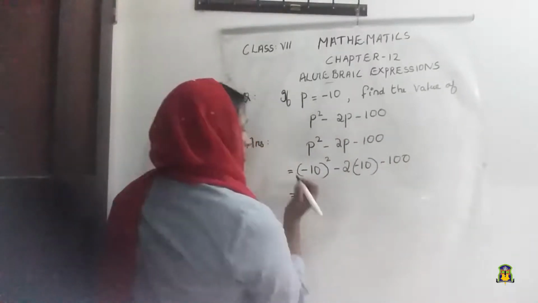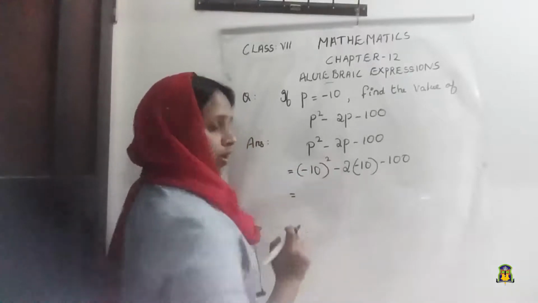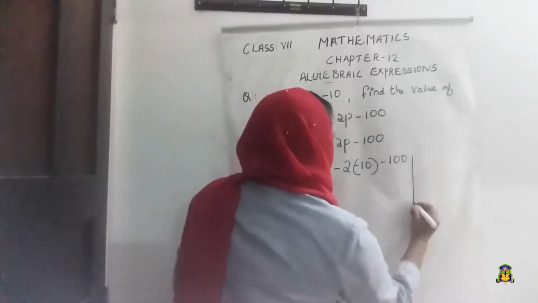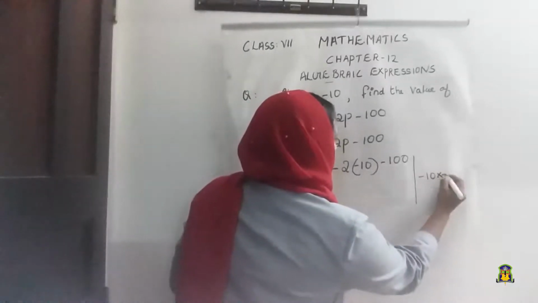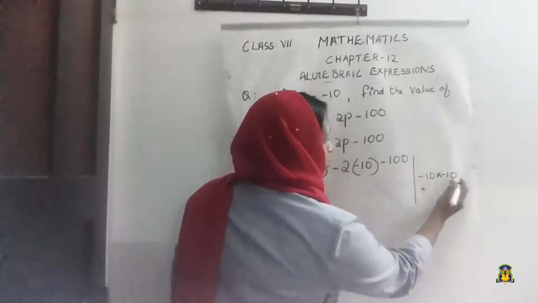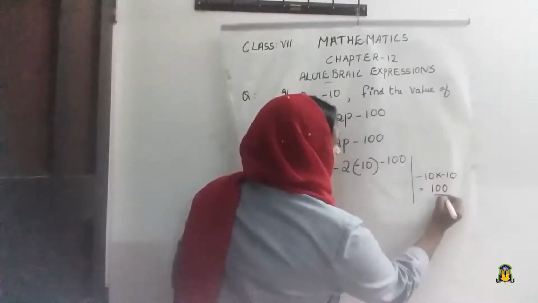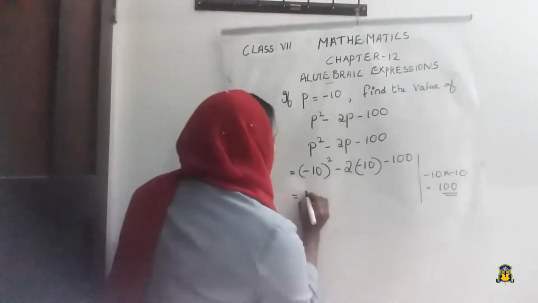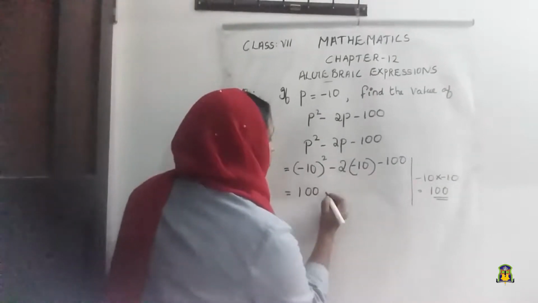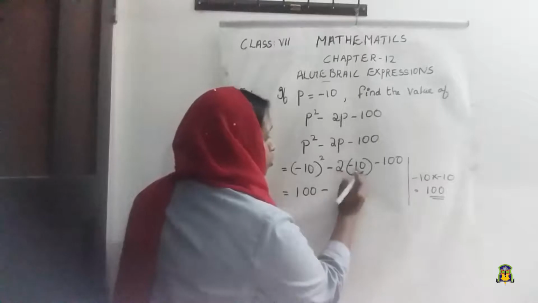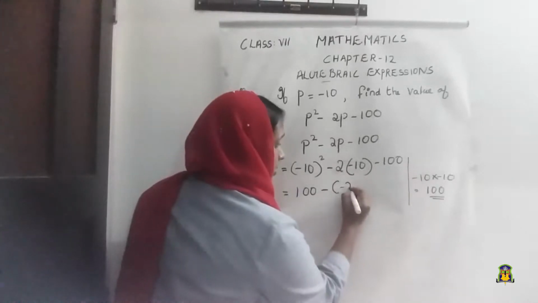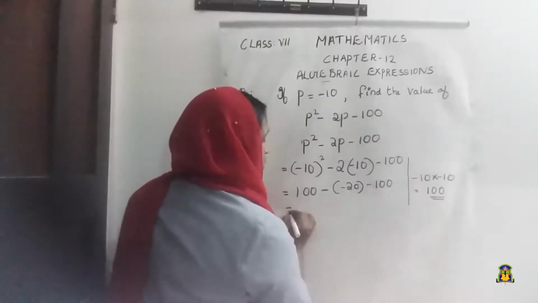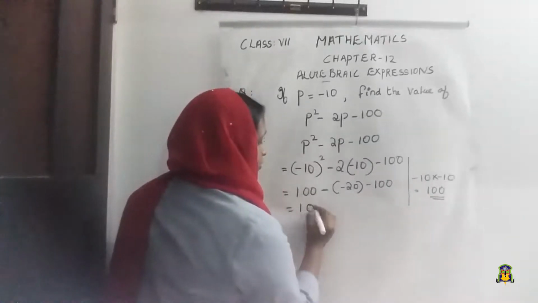Okay. Now we know negative 10 square means negative 10 into negative 10. We know that 10 into 10 it is 100. And we know negative into negative it is positive. So we can write here 100 minus 2 into negative 10 it is negative 20 minus 100, which is equal to 100.